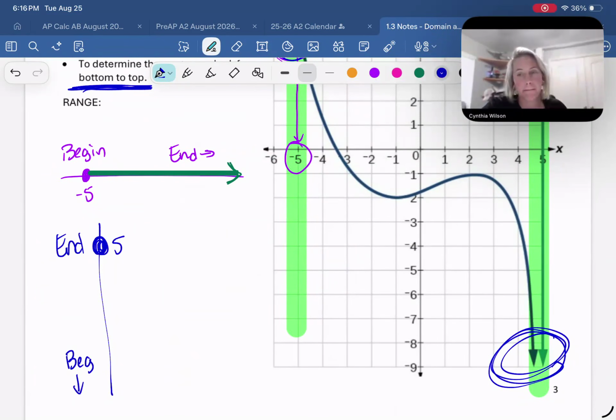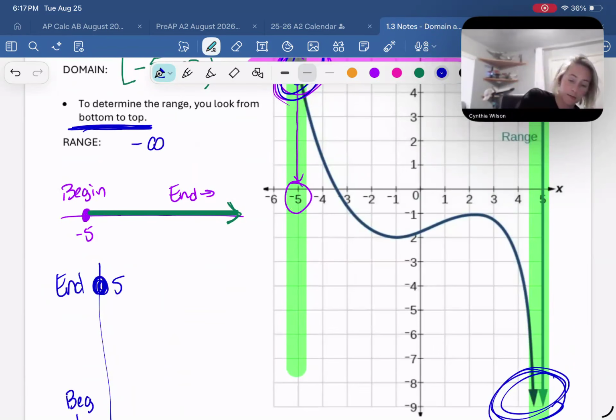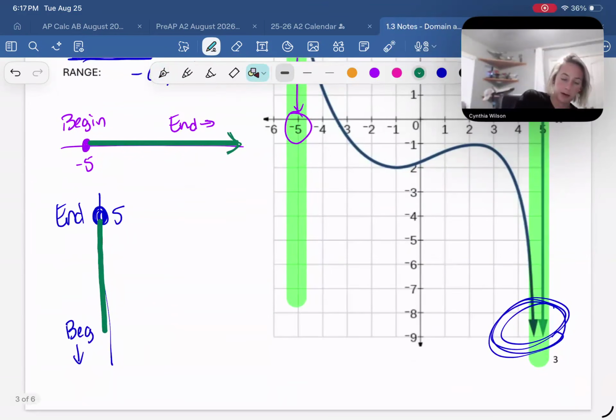Okay. So if we are beginning with a down arrow, that's the same as beginning with a left arrow. So we're beginning with negative infinity, and we're ending with a +5. All right, so down arrow.